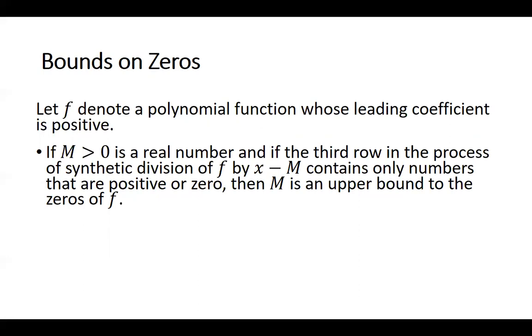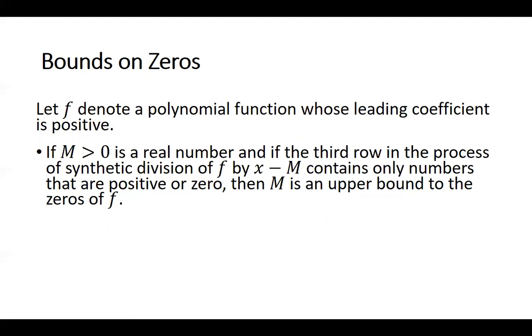Now, there could be another bound that's even closer to the values. If I plug in m equal to 25, I may find out that it's an upper bound. I could also plug in m equal to 10 and find out that it's an upper bound, because if 10 is an upper bound, that means there's not going to be any zeros beyond 10.